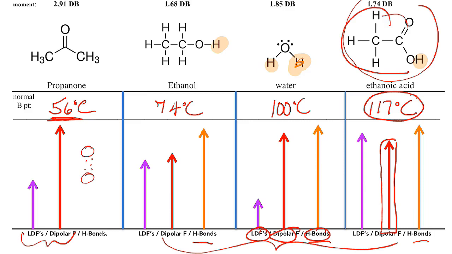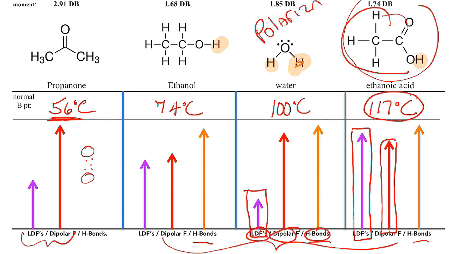However, ethanoic acid has a greater LDF force as compared to water because it is more polarizable. Why? Not so much the shape. Well, maybe this is circular, this is more elongated, but more importantly, there are more electrons in this electron cloud than this electron cloud, and you can count them.